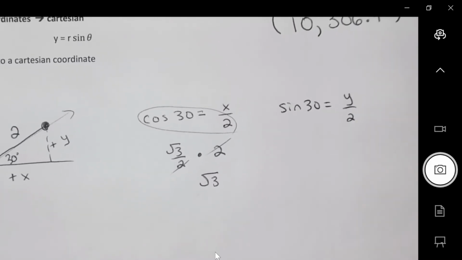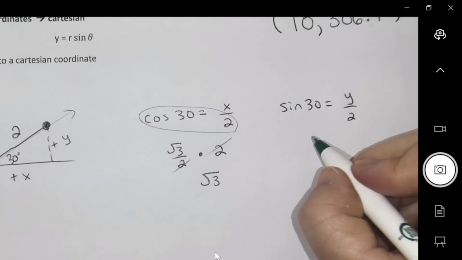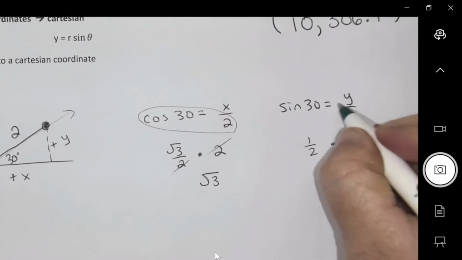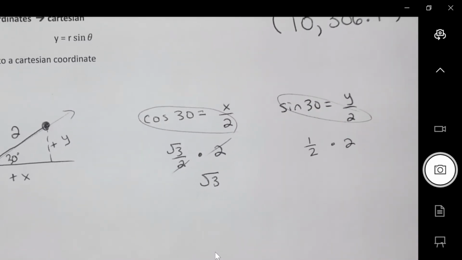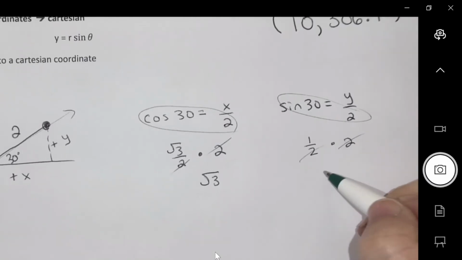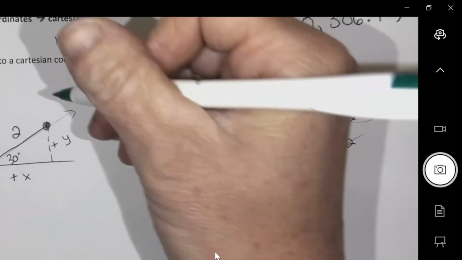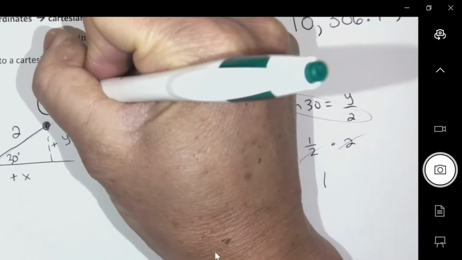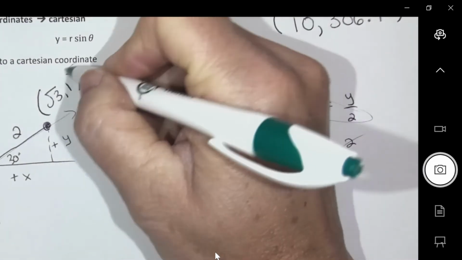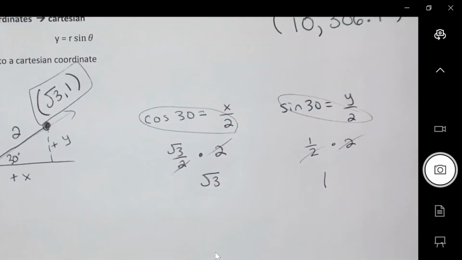What's the sine of 30? 1/2 times the 2 on the bottom makes 1. So this coordinate would be x is root 3, and then the y is 1.